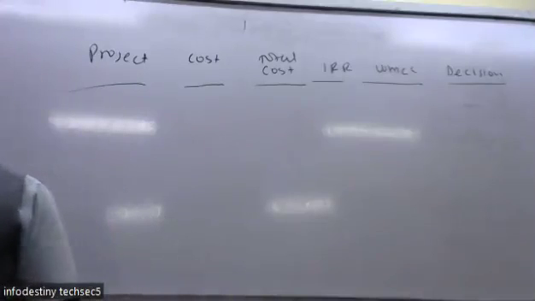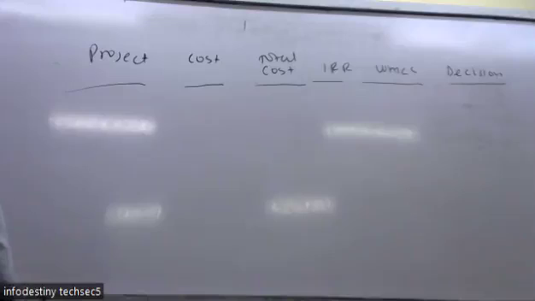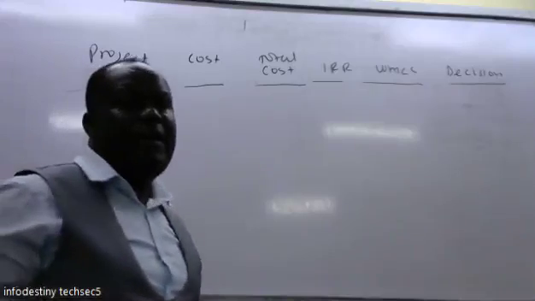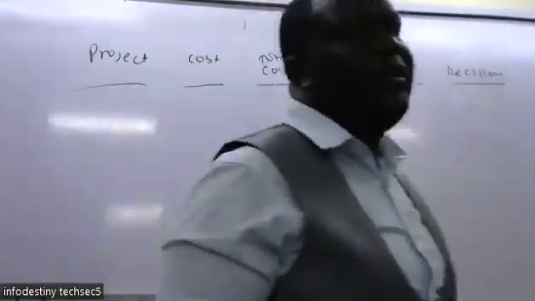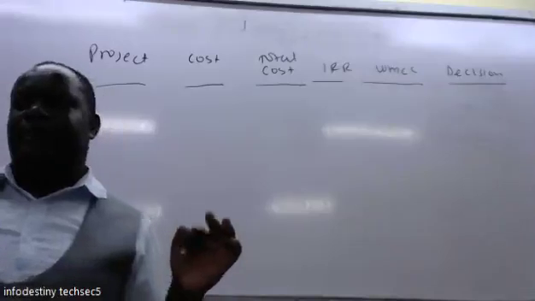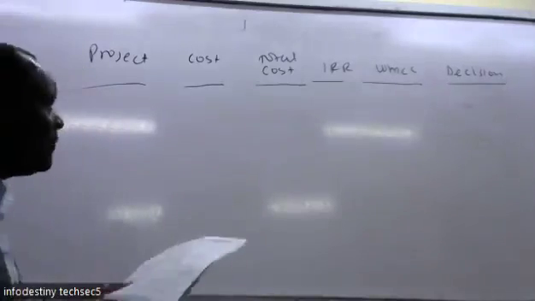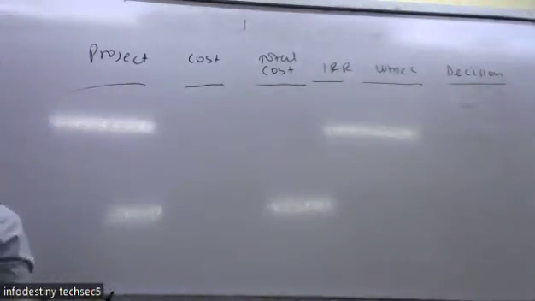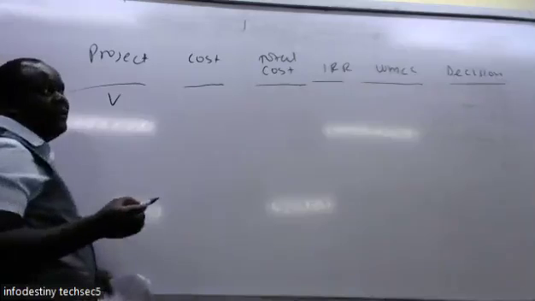Then finally we make our decision. So we start with the one you ranked as number 1. Which project is that? B. According to IRR, B is the first one.